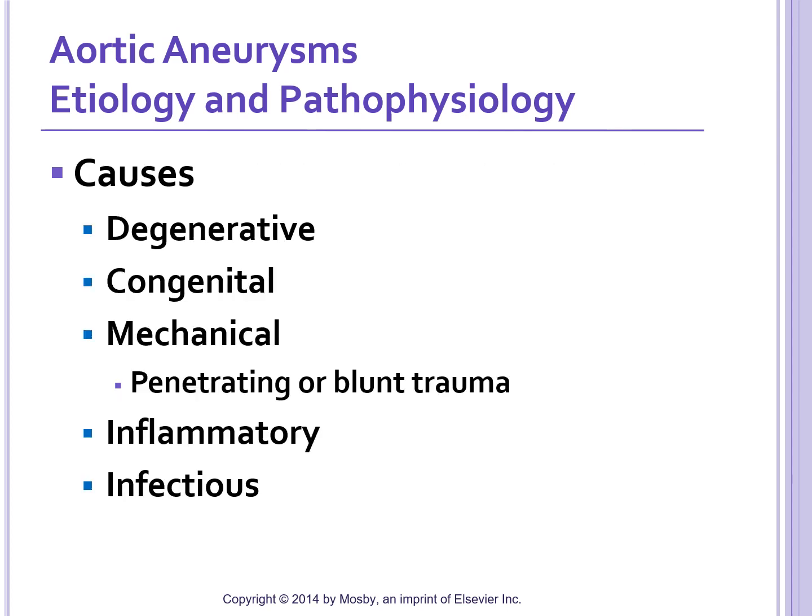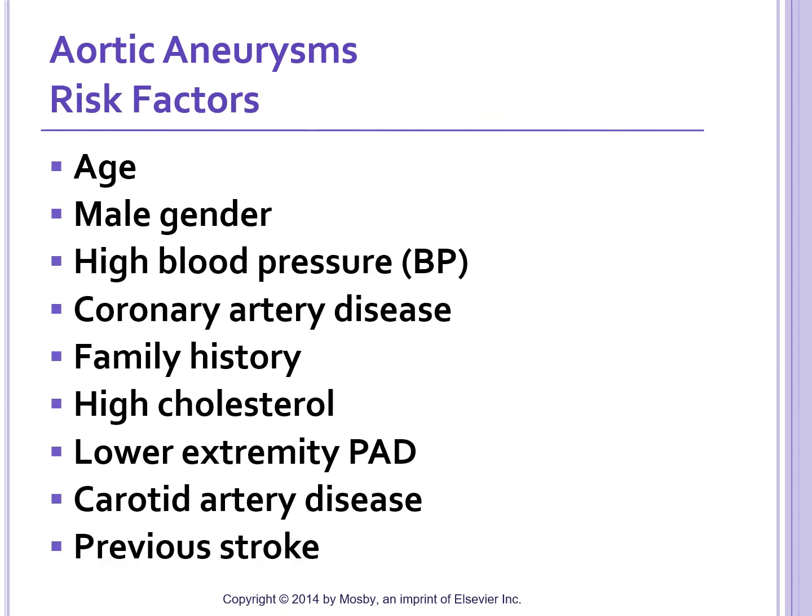So some of the common causes are degeneration, which is commonly atherosclerosis. There are some congenital abnormalities, which means that you were born with it, trauma, inflammatory disease, advanced age, tobacco use, infectious agents, and there is quite a large genetic factor as well. So these are some of the other risk factors, especially coronary artery disease and high blood pressure, high cholesterol.